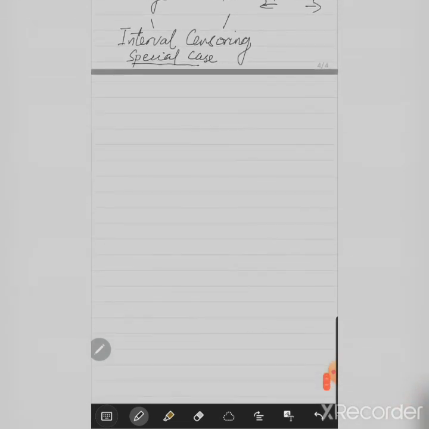Now the other dimension as far as censoring is concerned is whether the censoring is random or not.